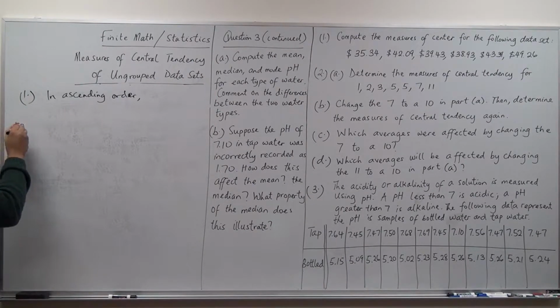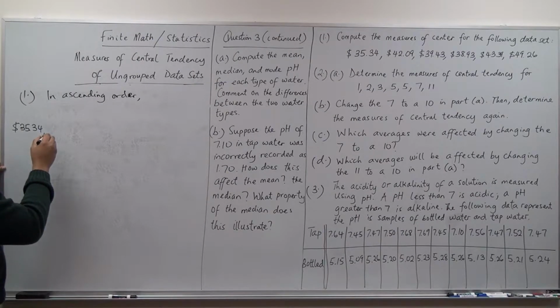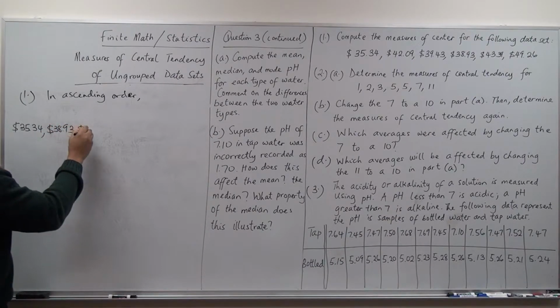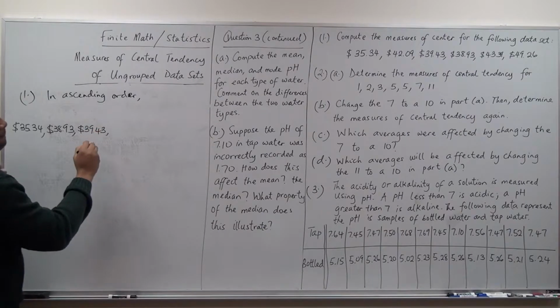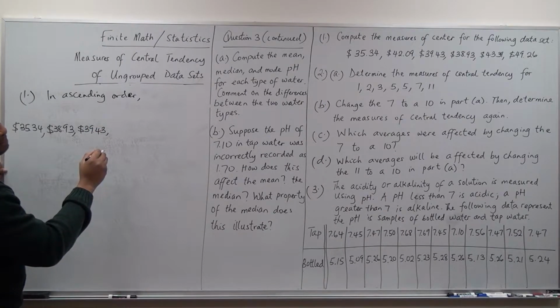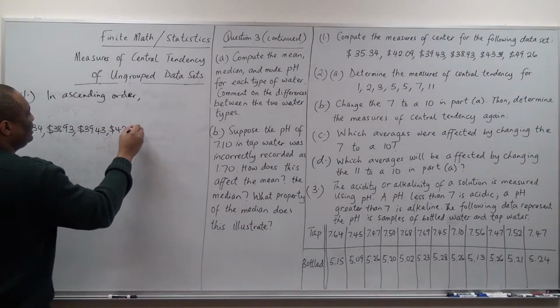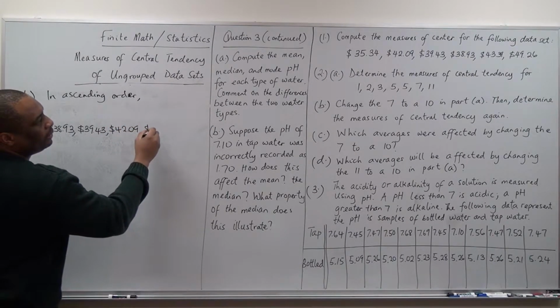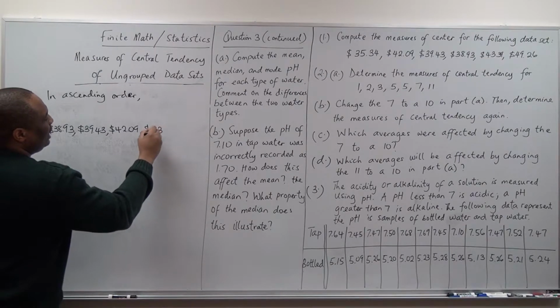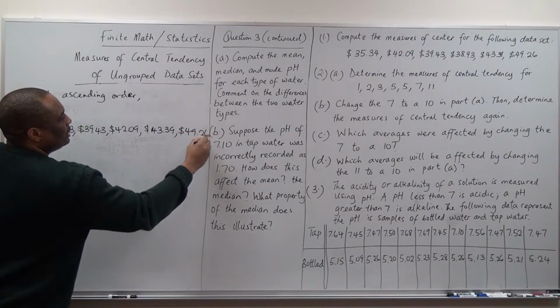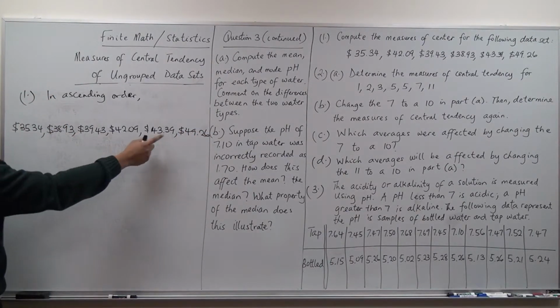We have $35.34. Then $38.93, $39.43, $42.09, $43.39, and then $49.26. Okay, 1, 2, 3, 4, 5, 6.